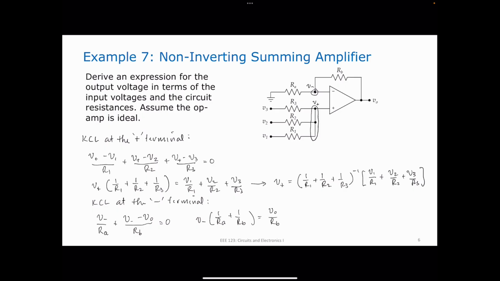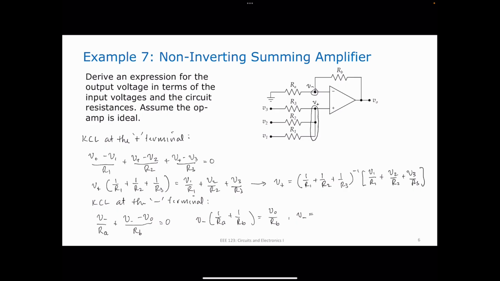And so V minus is now just going to be equal to, let's do it step by step.